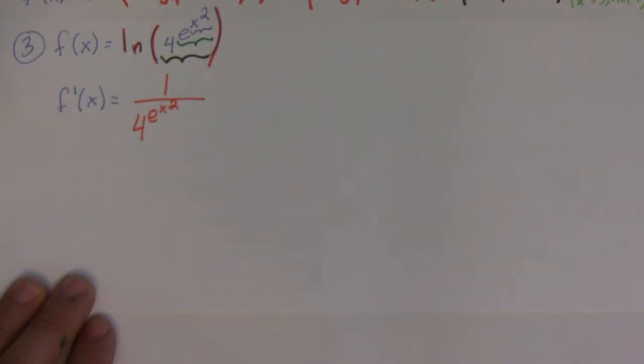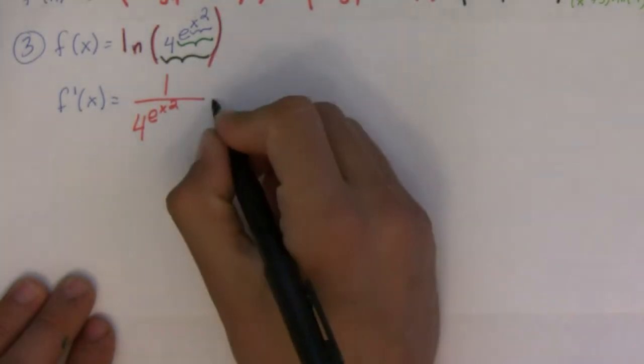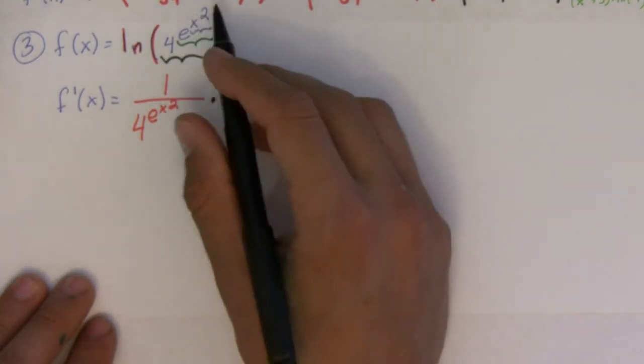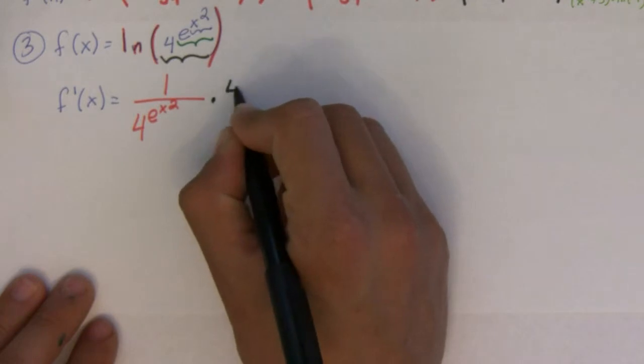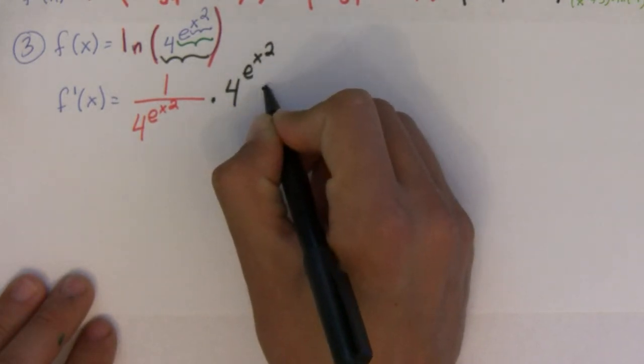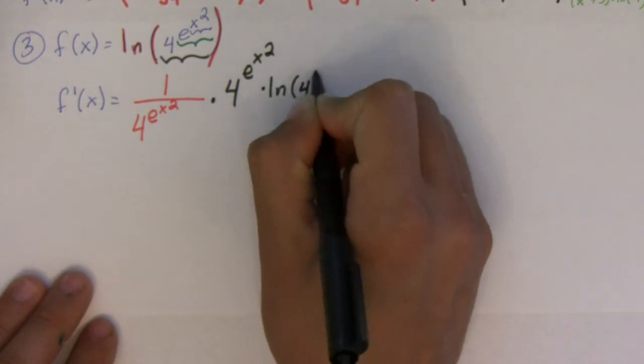Okay, and then times the derivative of the inside, which is the black stuff. So the derivative of 4 raised to a power is itself, leaving the inside alone, times the natural log of 4.